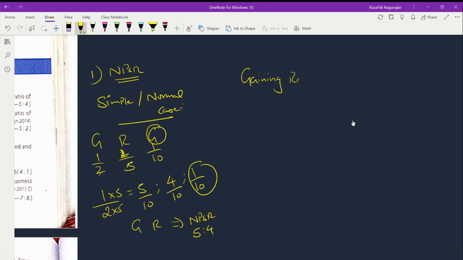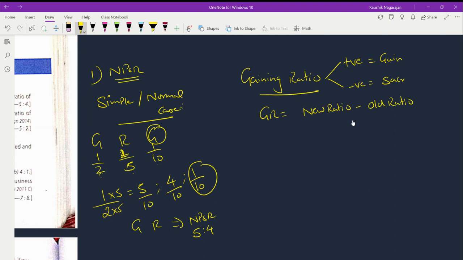So the gaining ratio formula is: gaining ratio is equal to new ratio minus old ratio. Remember, when you're using the gaining ratio formula, the one who gets positive is gain and the one who gets negative is sacrifice, right?